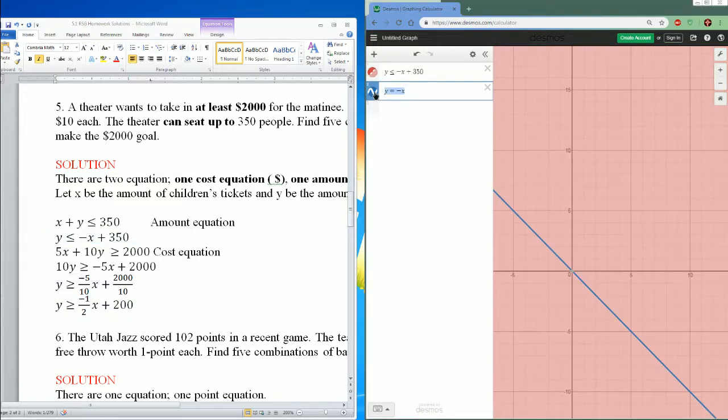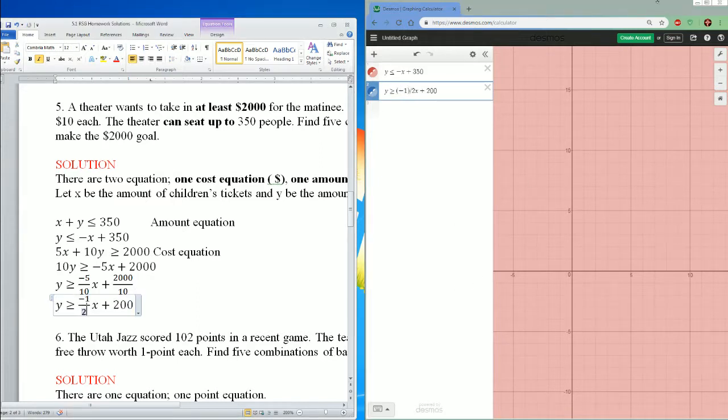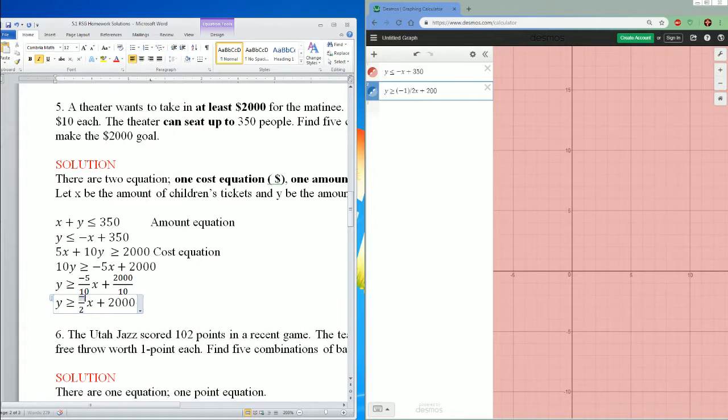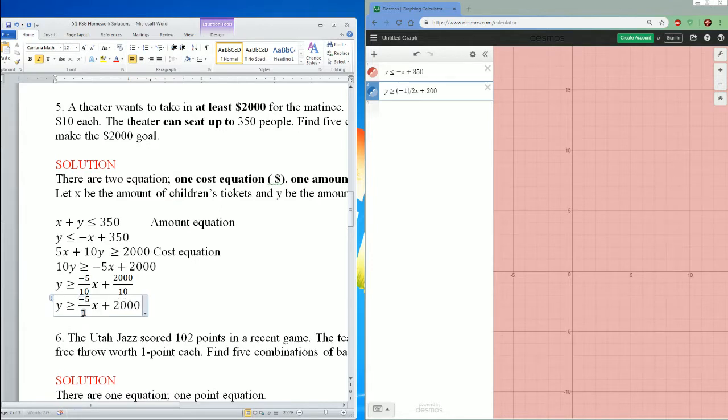The other one looks like this. I think it's right. Good. You know what? Let's just keep the slope the way it was. I think it works much better if we just keep it the way it is. So that should be negative 1 divided by 2. Good.